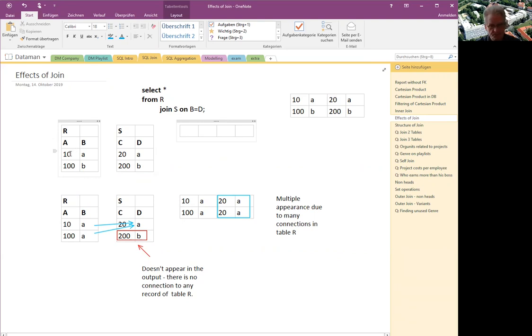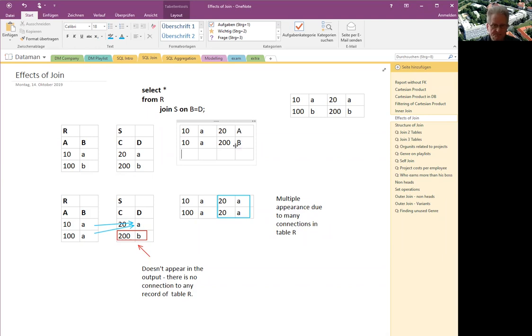If we carry out the Cartesian product, we are taking 10 and A, and we take that record here and combine it with the first record here from table S. That means 20A. Then we take the same record here, 10A, and combine it with 200 and B. Now we are carrying out the Cartesian product here.